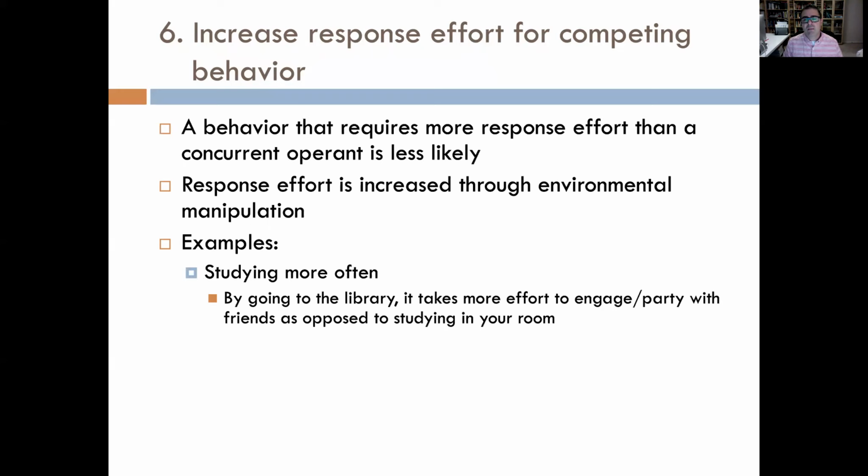Again, if you want to study more often, go to the library, because it takes more effort to engage with friends or party as opposed to studying in your room. So we talked about going to the library having different functions here, one of which is increasing the effort of engaging in the problem behavior, which is talking to your friends.